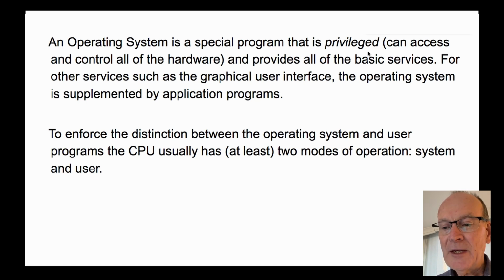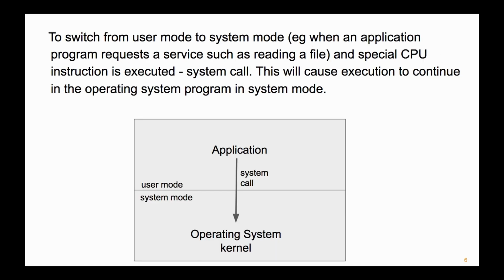Now, the major difference between an operating system and user applications is that there is a distinction between the operating system and user programs. Usually the CPU has two modes of operation, system mode and user mode. With these two modes of operation, the system needs to switch from user mode to system mode when an application requests a service, such as reading a file.